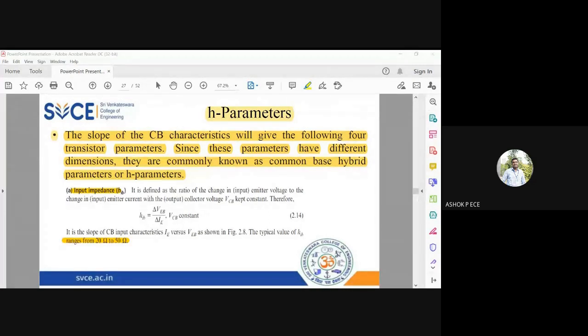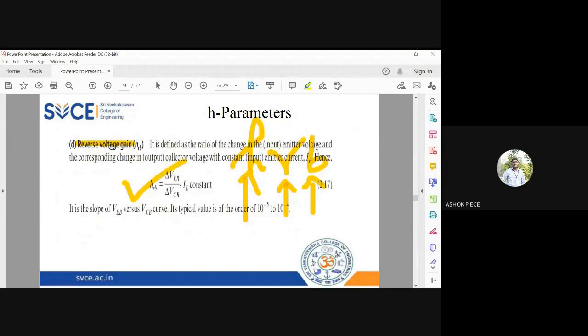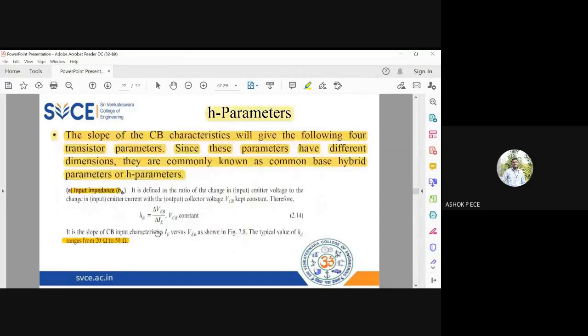See, these four basic H parameters will not change. Input impedance, output admittance, forward current gain, and reverse voltage gain will not change. Only this expression will change depending on your configuration. Common base, in the formulas we have seen. If it is common emitter, it will become HIE. Because for common base it is HIB, for common emitter it changes to HIE.